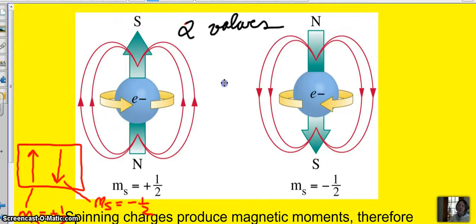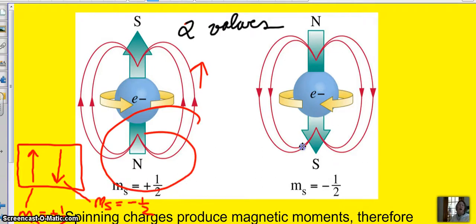If the electron is spinning up, or say clockwise, we give it an up arrow, and its m sub s value will be plus 1/2. However, if it's spinning counterclockwise, then its m sub s value would be minus 1/2.